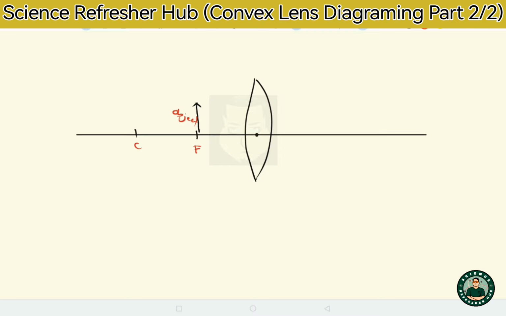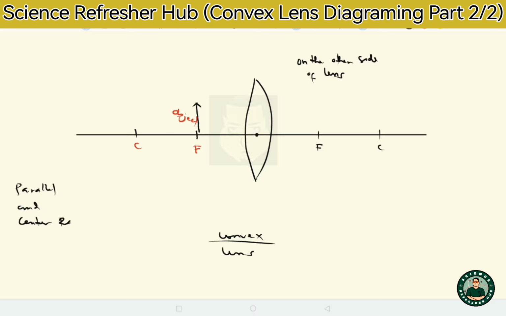Okay, I forgot, I have to put the focal point and center of curvature here on the other side of the convex lens. We're still dealing with a convex lens. All right, so we will be using the parallel and center ray rules. Okay, so let's do it.